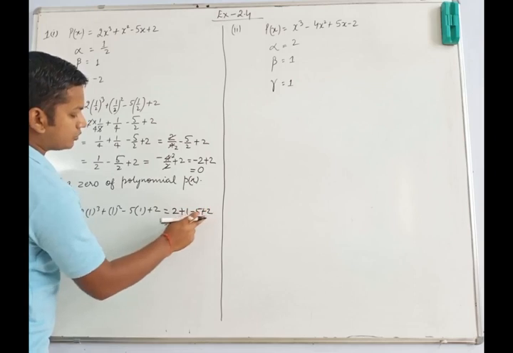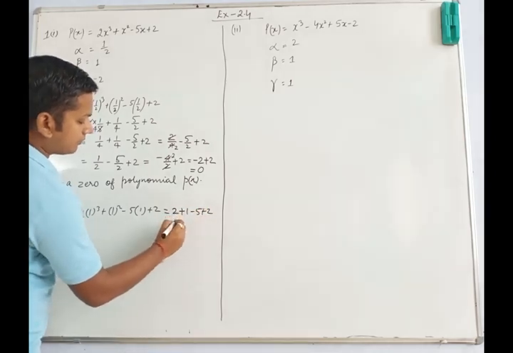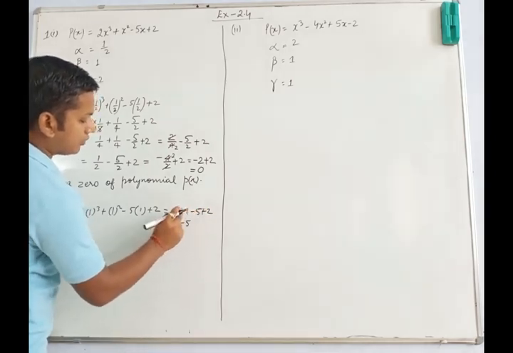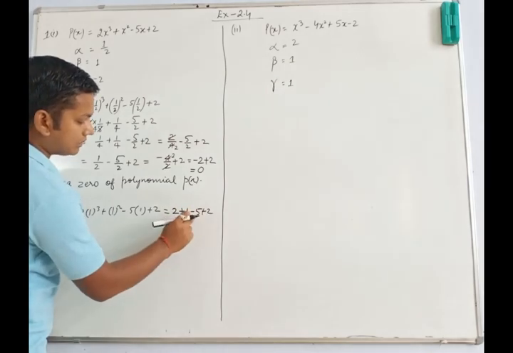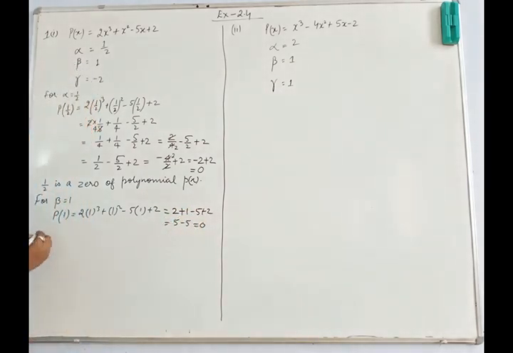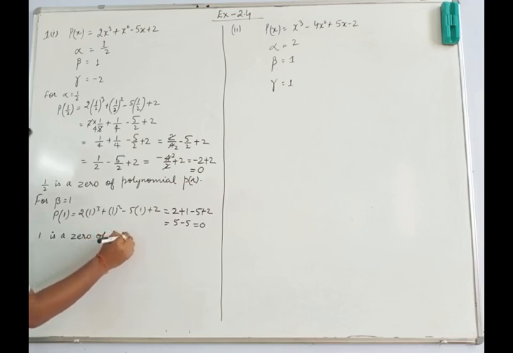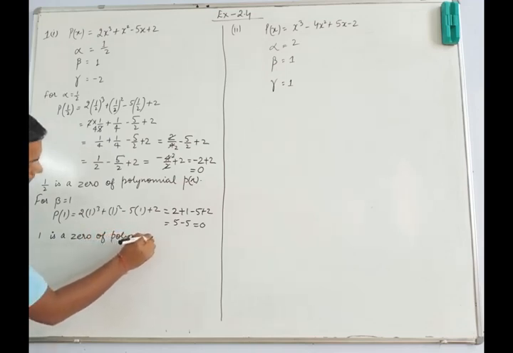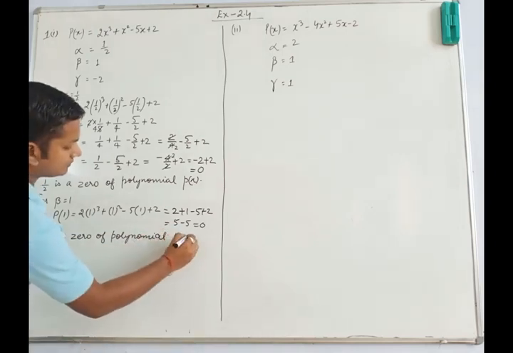So 2 plus 1 is 3, plus 2 is 5, 5 minus 5. So it gives you 0. So you can say that 1 is a zero of the polynomial p(x).